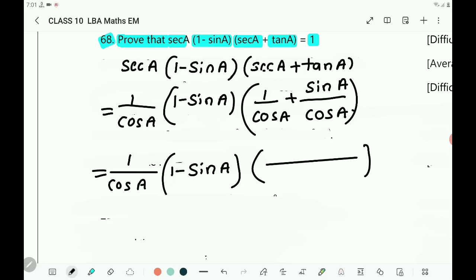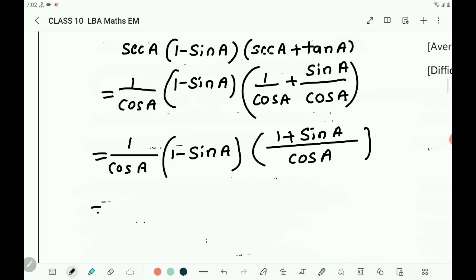What is the LCM? LCM is cos A. Here cos A and cos A, both the denominators are same. So there is no change in the denominator. Write 1 plus sin A. Add the denominator as it is.